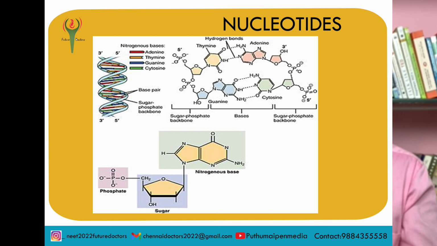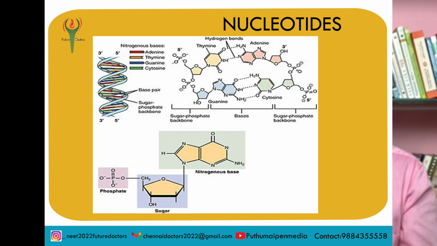Nitrogenous bases. These are flat heterocyclic compounds having nitrogen and carbon in a ring structure. These are basically of 2 types. One is purines.